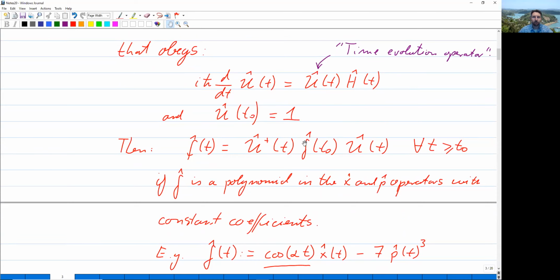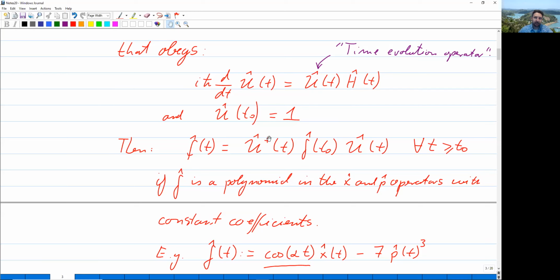You take the observable at the initial time when you start the experiment, and you obtain the observable at a later time by applying the time evolution operator, the thing that solves this equation of motion, by the left and to the right.